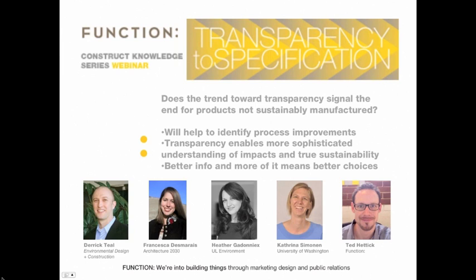We really need to be understanding more about our products that we're putting in our homes, that we're putting in our buildings, that we're purchasing every day. And if we can understand more, then we can make more informed purchase decisions. And if we can make more informed purchasing decisions, then we can start to influence how products are manufactured and produced. And likewise, responsible manufacturers are looking to influence their own purchasing decisions.